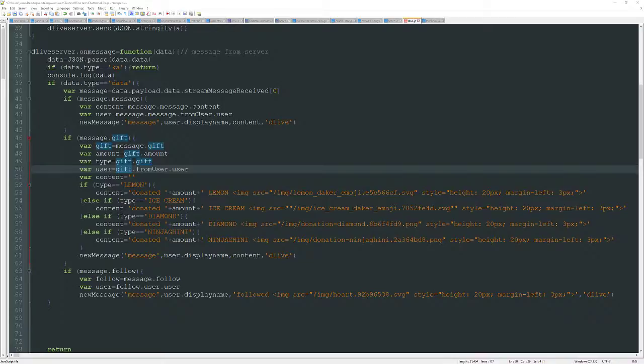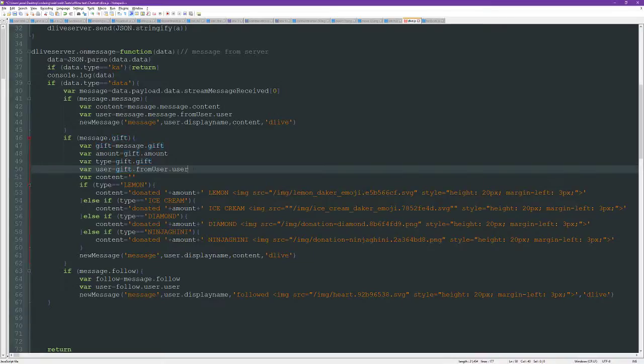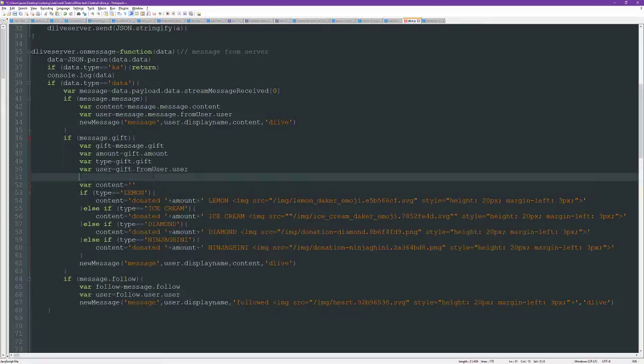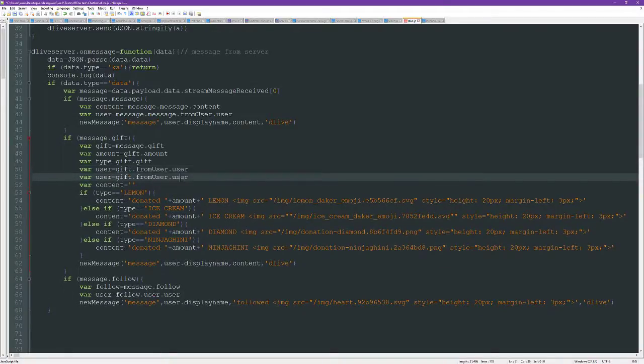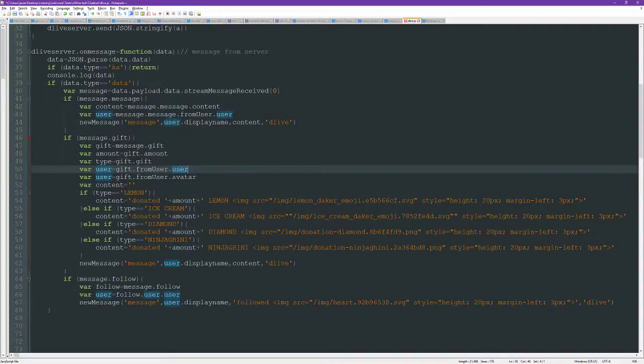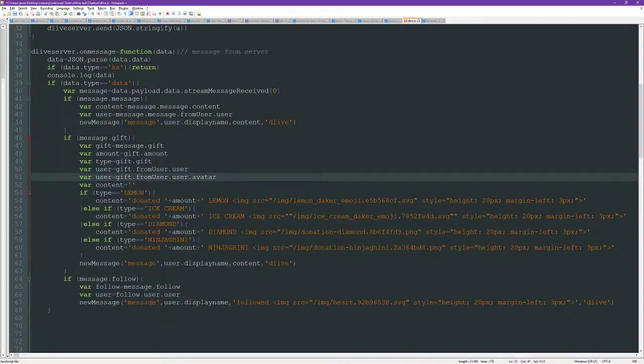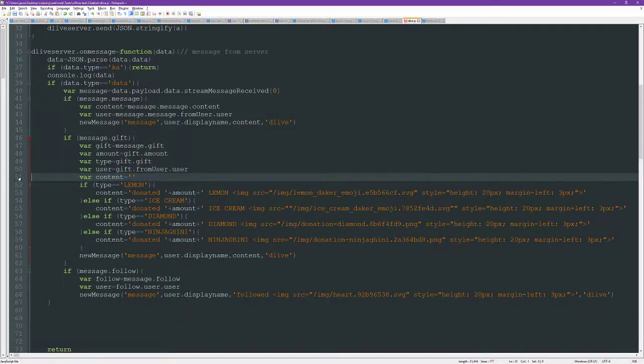Well, I mean, while I'm doing this, let's shove in the avatar as well. That's the avatar, right? User avatar. Which could just be user avatar. In which case, let's not even worry about that.